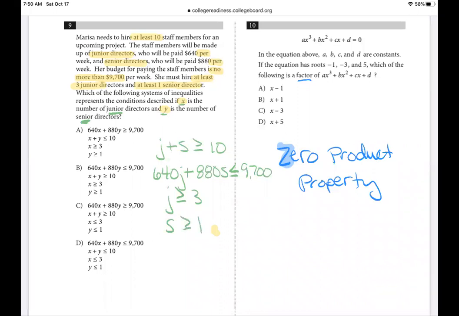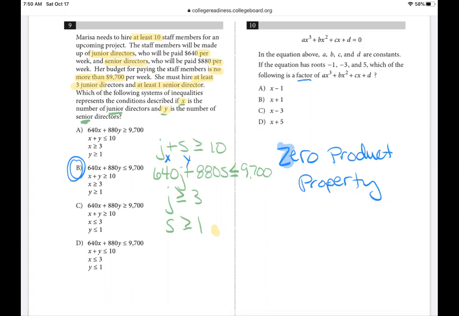Okay, so that really helps me to use those variables, but then they are establishing that X is for junior. So I want to just take a note, X is for junior and Y is for senior directors. And if we look at our answer choices, the one that matches all of our translating would be choice B. Choice B. So your keywords there are the key to that problem.